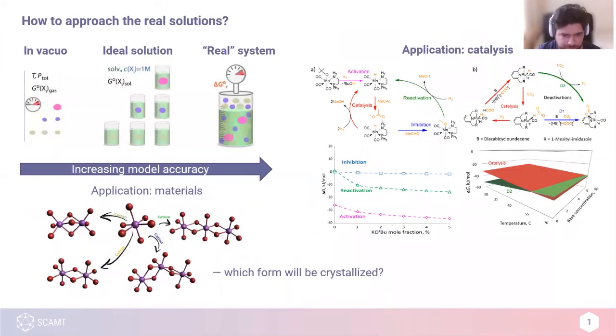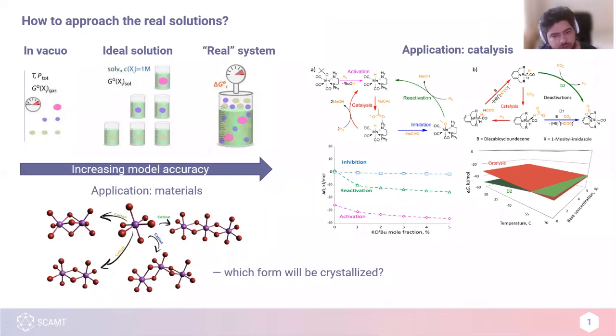Polina, next slide, please. Our main scientific topic is the modeling of real solutions. Why is that so interesting and important? Quantum chemistry is very good in predictions of gas phase chemistry, where molecules are isolated.